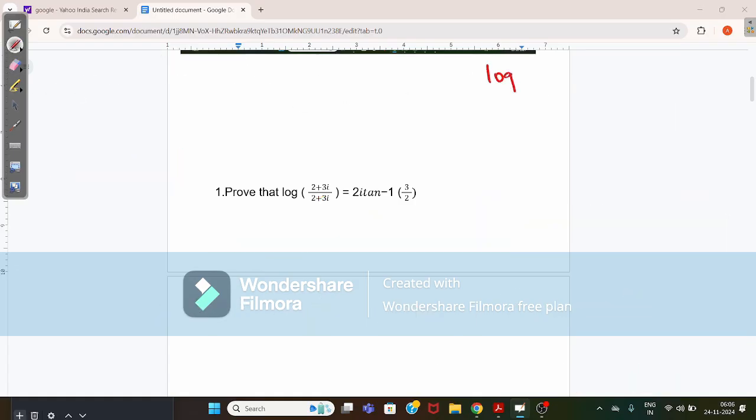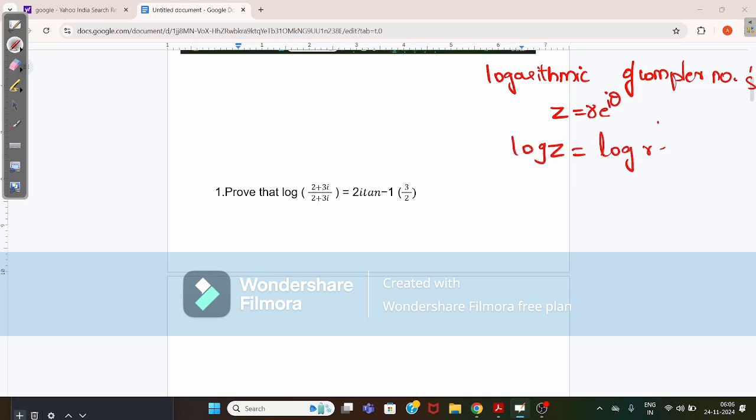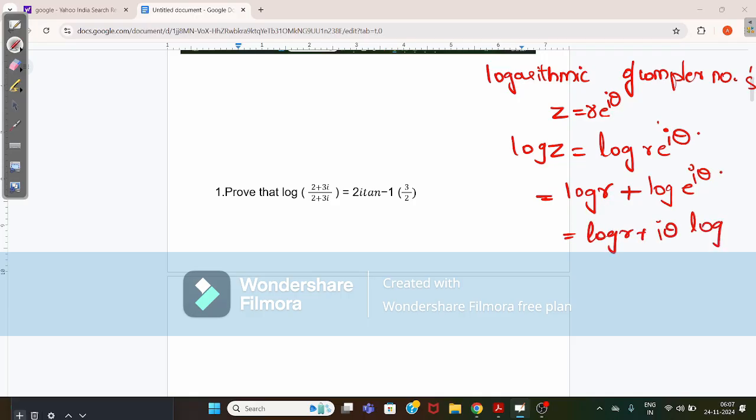Now the logarithm of a complex number: this can be written as z is equal to r e power i theta. Apply log: log z is equal to log of r e power i theta. This can be written as log r plus log e power i theta, which is log r plus i theta log e.